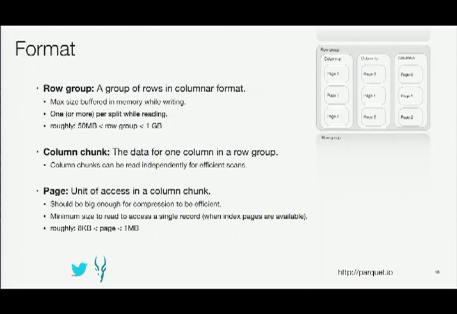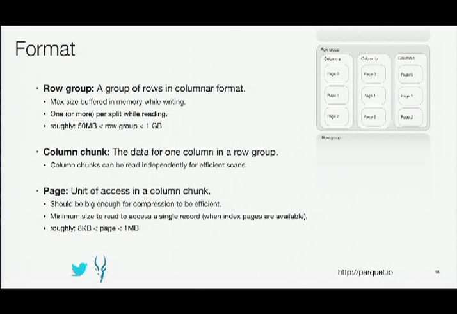And now I'm going to talk a little bit more about the details of the format. So as we talked about, it's a columnar format, so the data is organized in row groups. A row group is a group of rows organized in columnar format. A column chunk is the data for one column inside a row group, and a column chunk is made of pages.